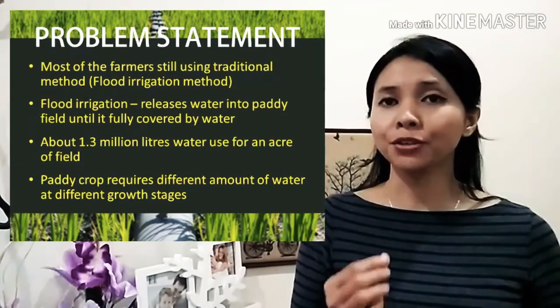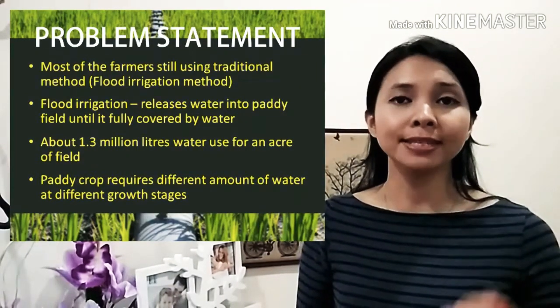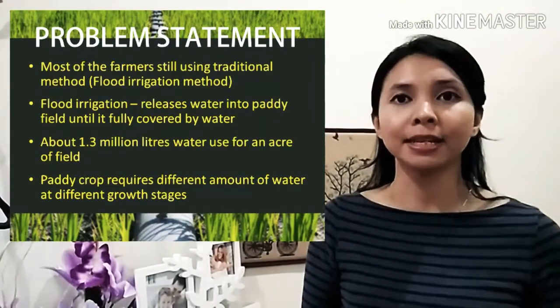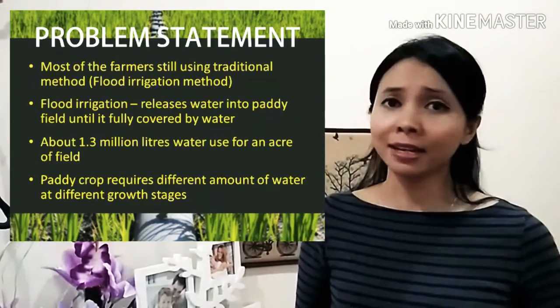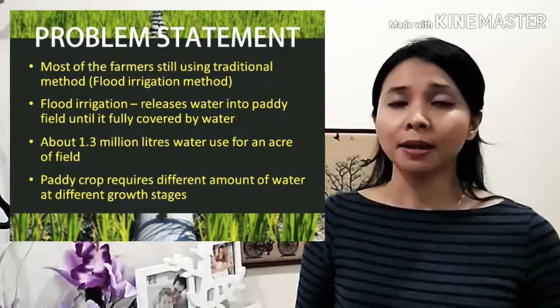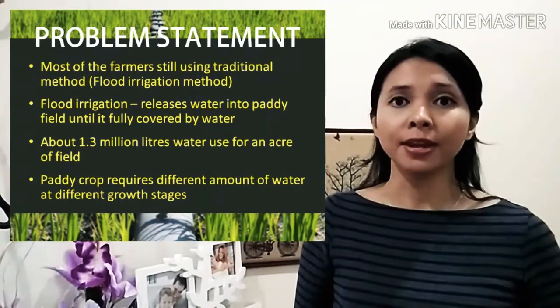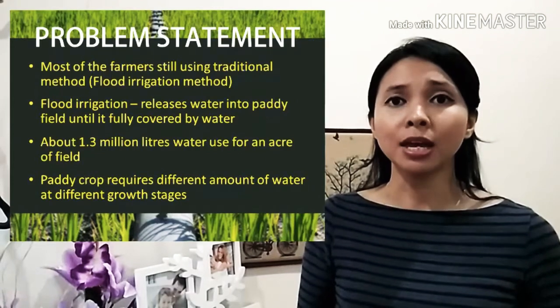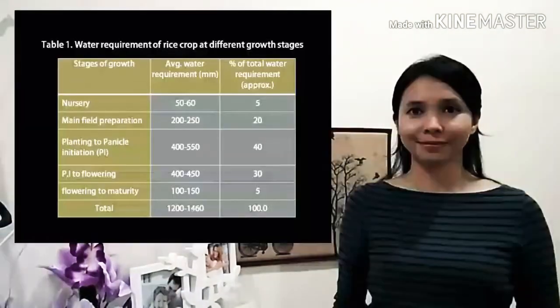About 1.3 million liters of water are required to raise an acre of paddy using this traditional method in Tamil Nadu. However, the paddy crop does not require much water for its entire growth, as the production of rice requires different amounts of water in different crop stages.